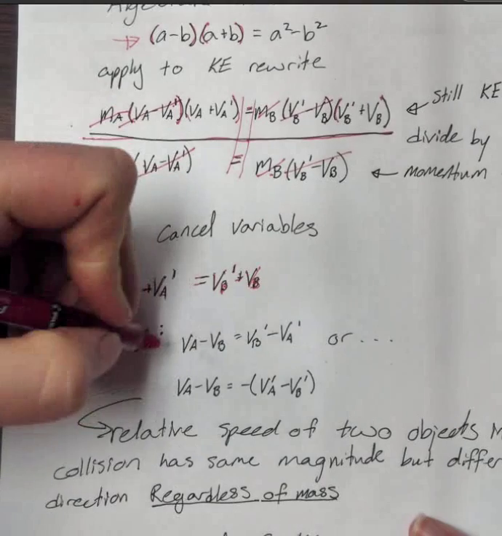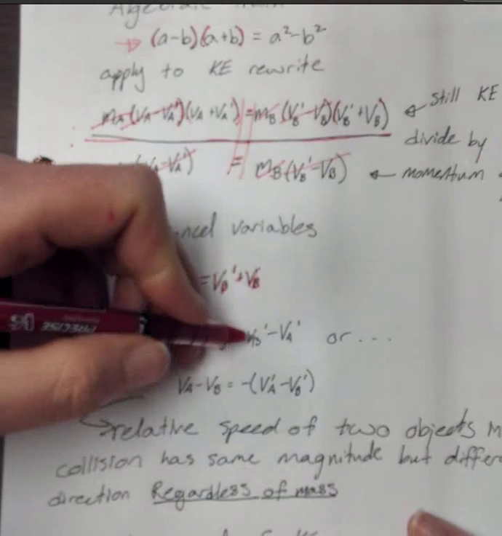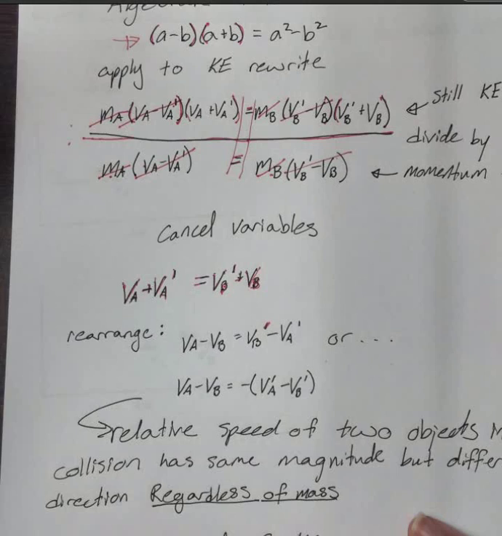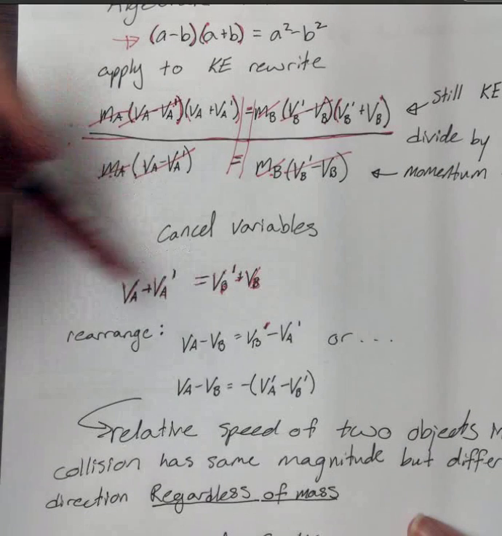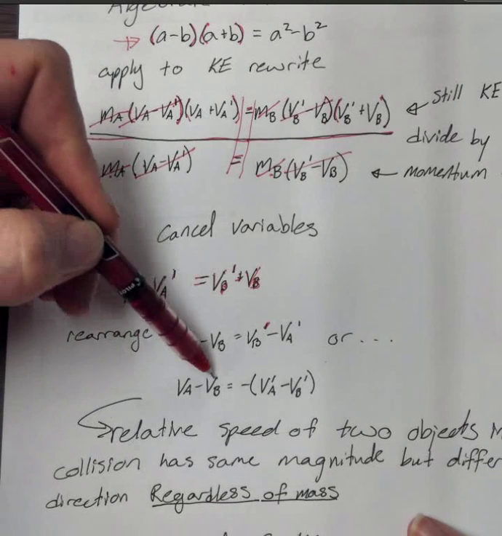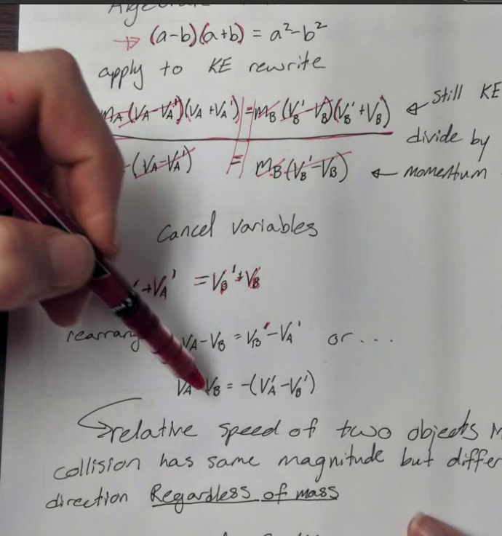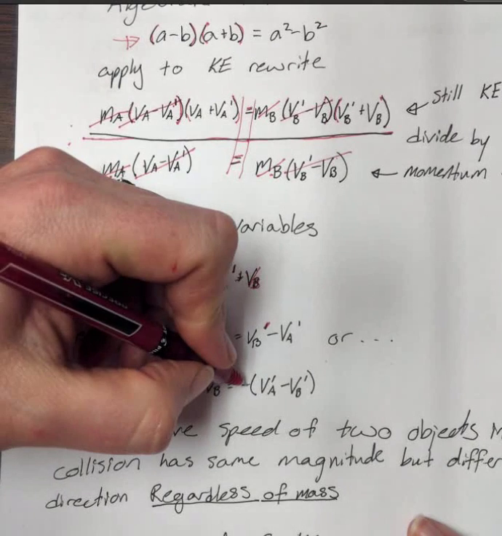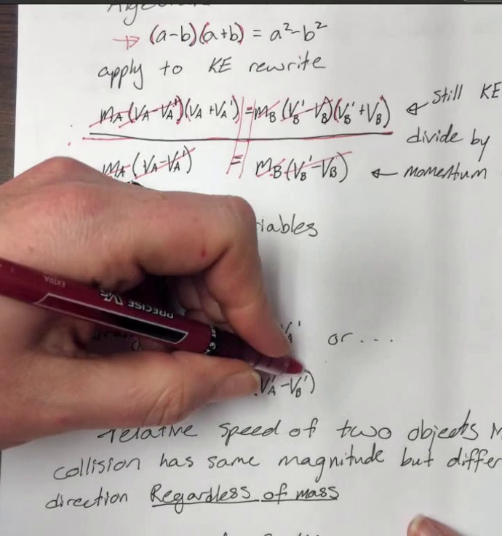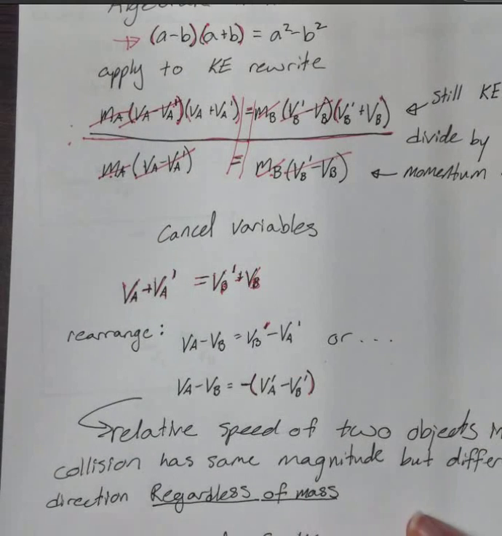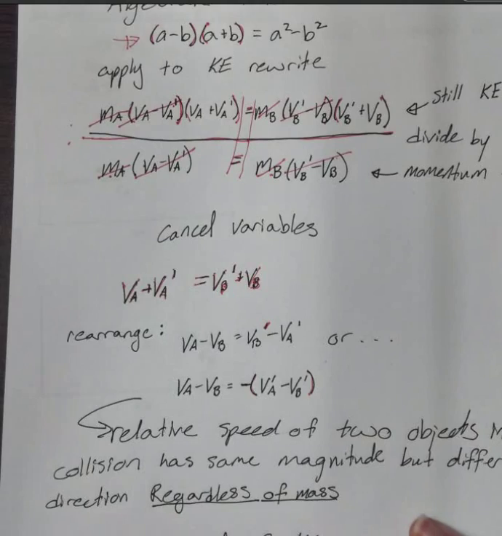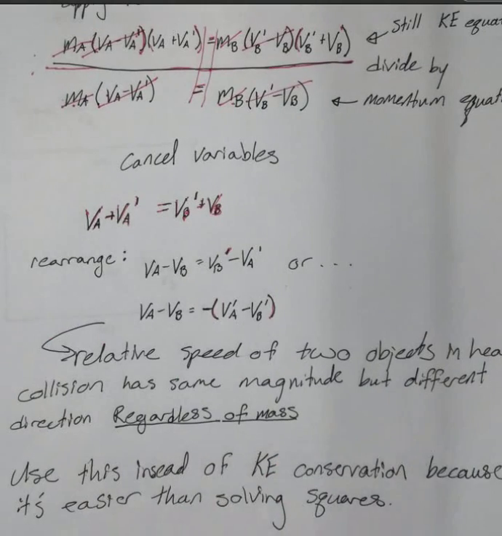So then we'd get VA minus VB equals VB prime minus VA prime. And that's really interesting because that's really just saying that VA minus VB, or the velocities before the collision, are going to be equal and opposite to the velocities after the collision.